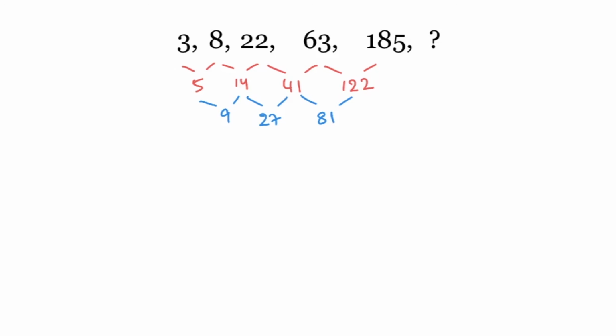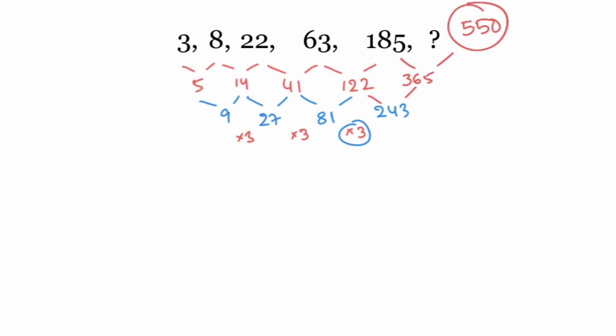Here it is 9 into 3, 27. 27 into 3, 81. So next possible difference is 81 into 3. What is 81 into 3? 243. 122 plus 243 is 365. 185 plus 365 is equal to 550. Missing term is 550.